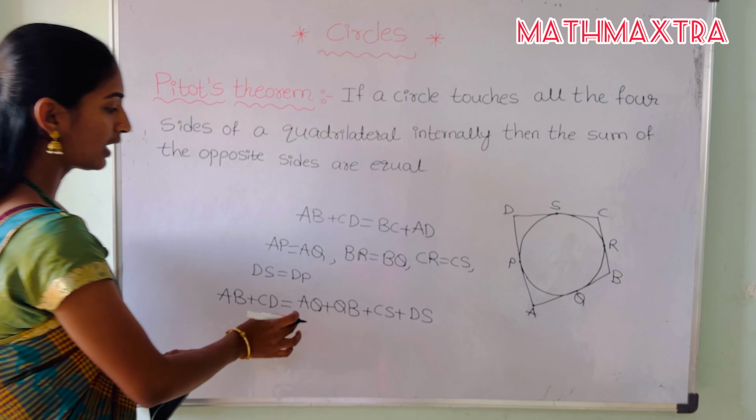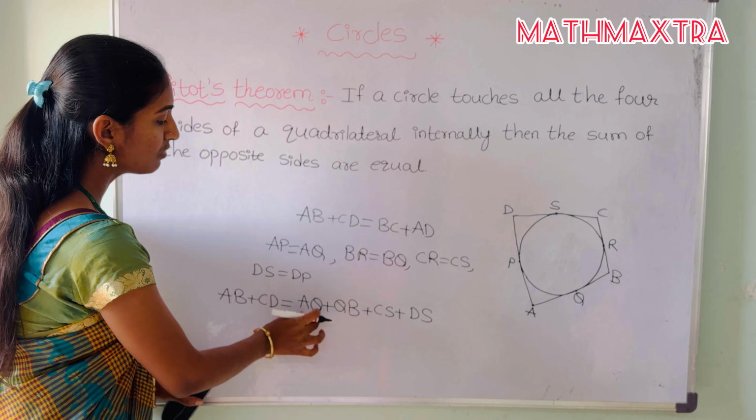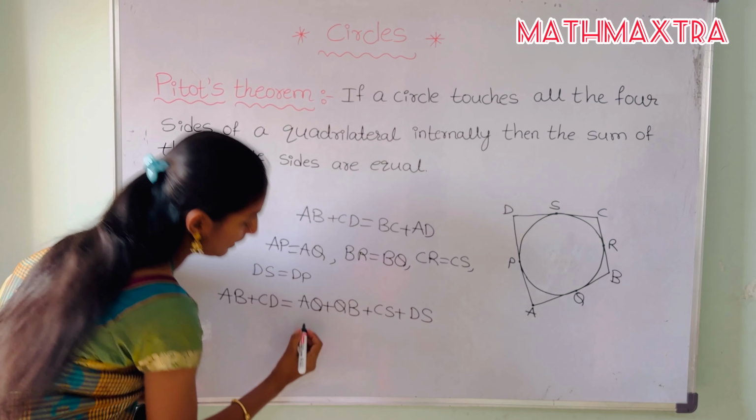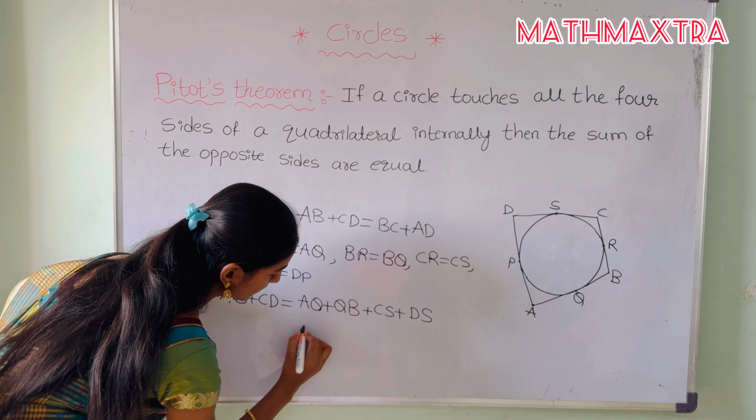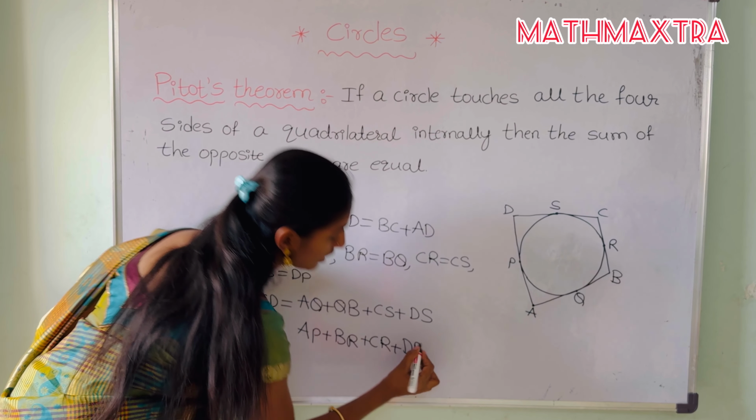Now substitute the value of AQ as AP, QB as BR, CS as CR, and DS as DP, because the lengths of those are equal.